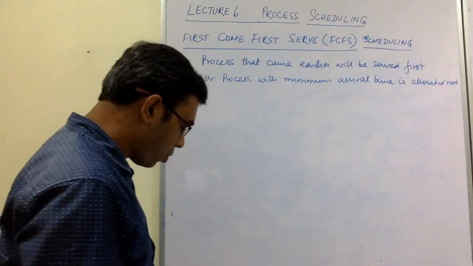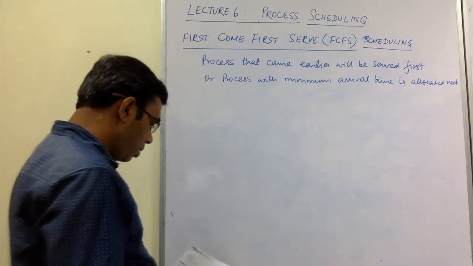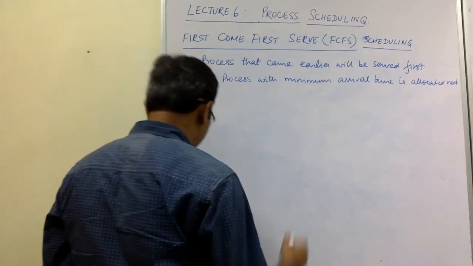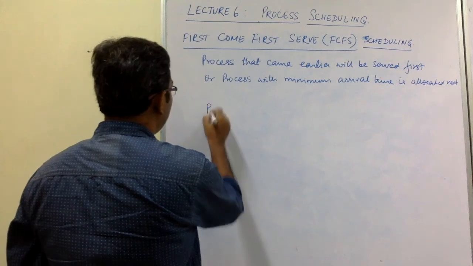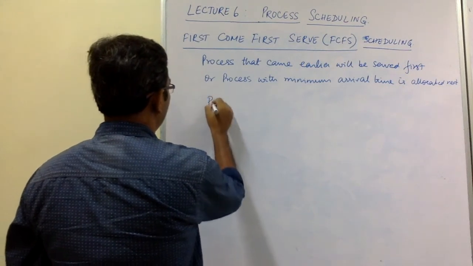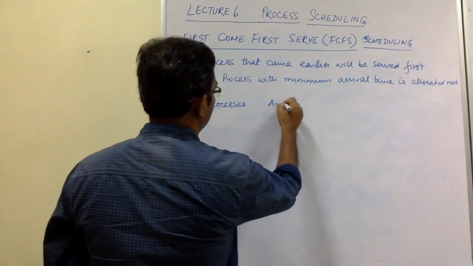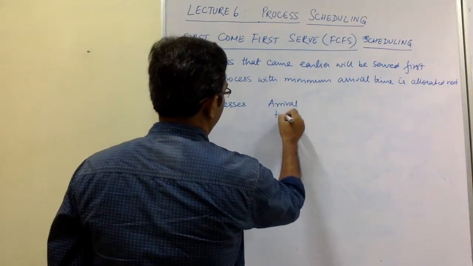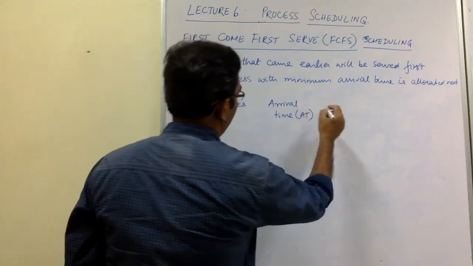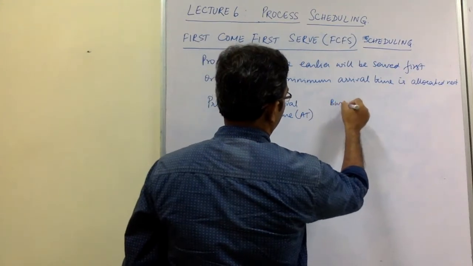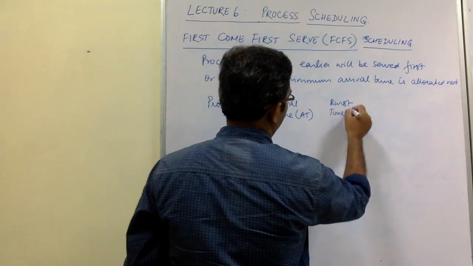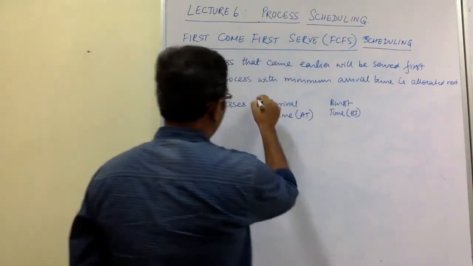Let's understand this with a simple example. Let's say we have 3 processes, and we also have their arrival time, which I will call AT, and the CPU burst time, which we will call BT.